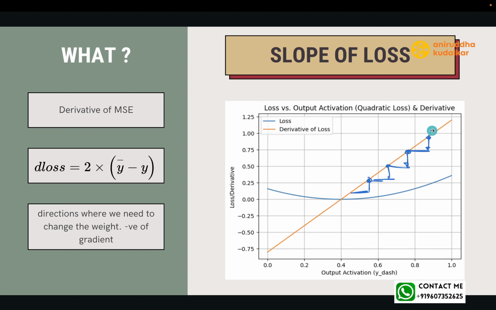Negative means you need to come down through this line, and at a certain point your loss is minimum, right? And that weight would be your required weight. So the slope of the line represents the direction in which we need to change the weight. That is the negative of the gradient. Gradient is nothing but the slope.